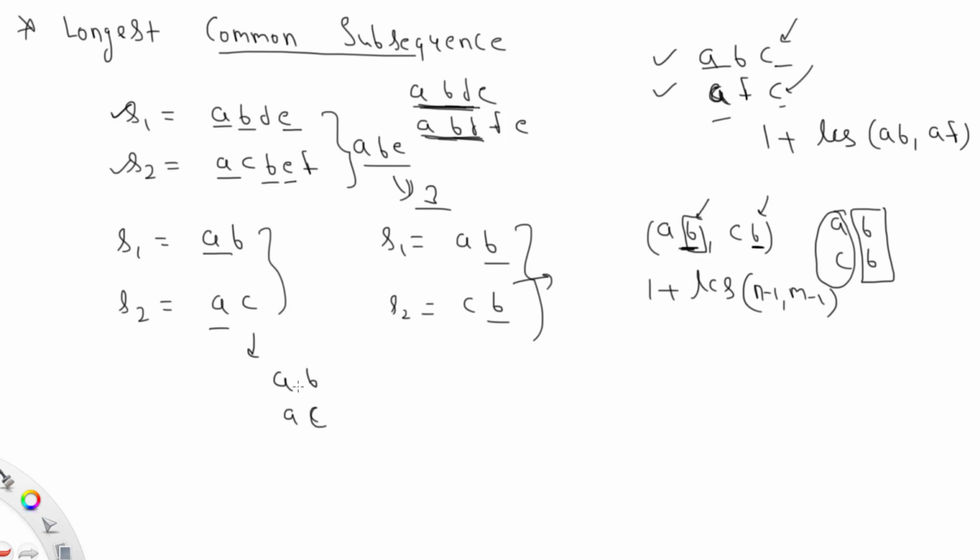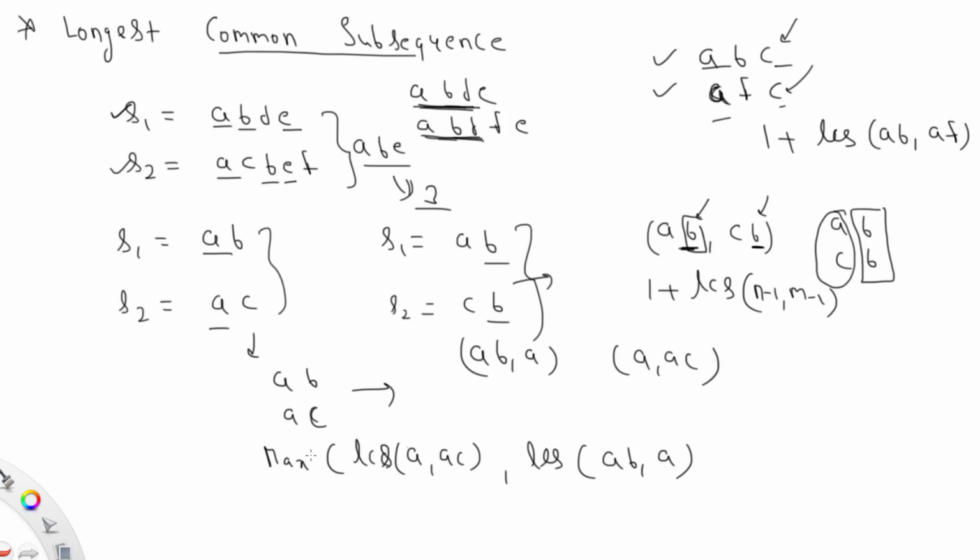If the last character is not matching, then the answer is the maximum of LCS of A and AC, and LCS of AB and A. I know that this character is not matching, so I need to find the longest subsequence out of this one, or I can have the complete other one. Whatever the answer is, I will take the maximum of that.